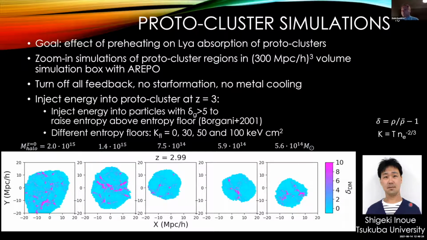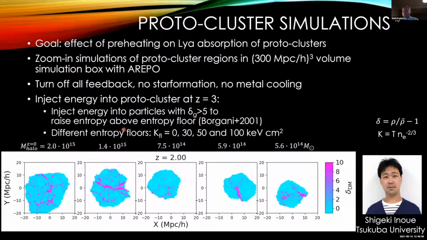So Shiaki Inoue from Tsukuba University ran a lot of simulations for us using the Arepo code. And then he turned off all the feedback, star formation, and the cooling effects. And then at redshift 3, around these massive clusters, he starts injecting, according to the scheme from Borgani in 2001, energy into all the particles with a gas overdensity of 5 or higher.